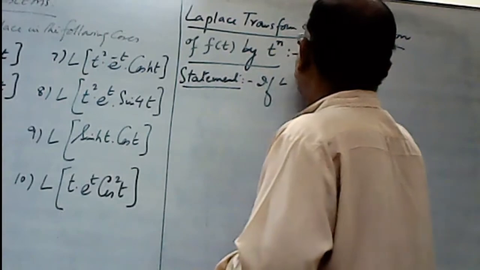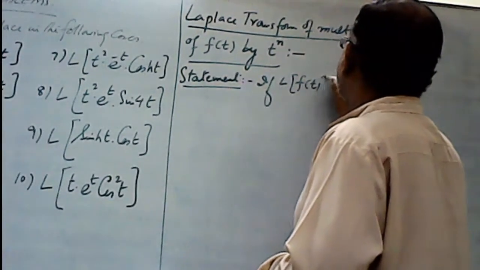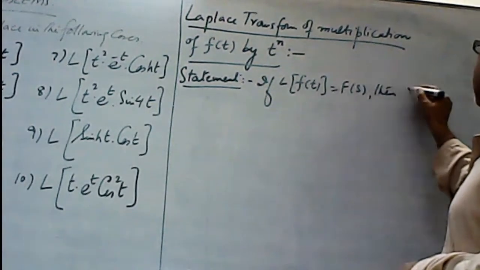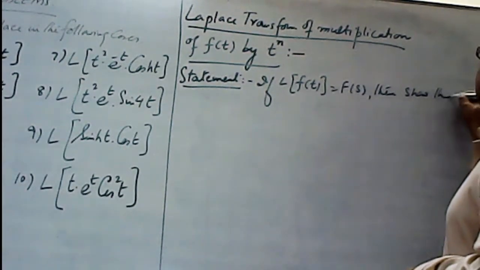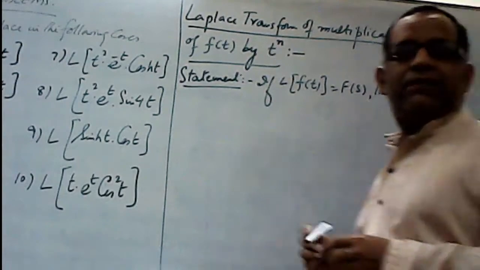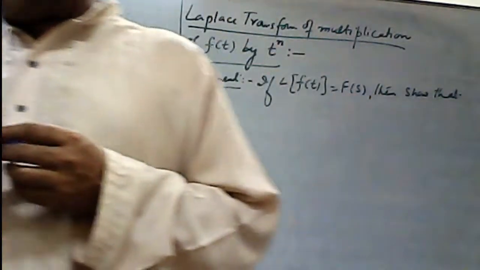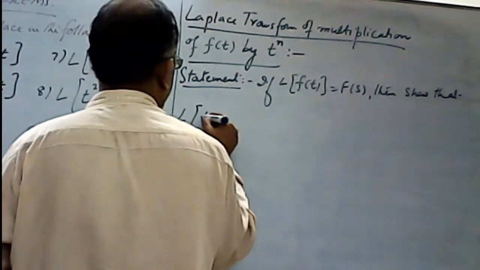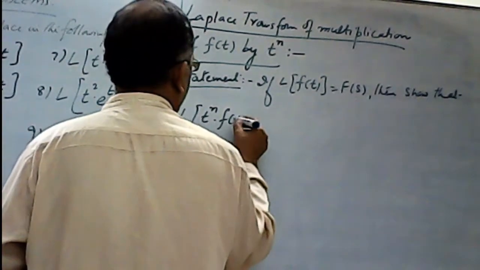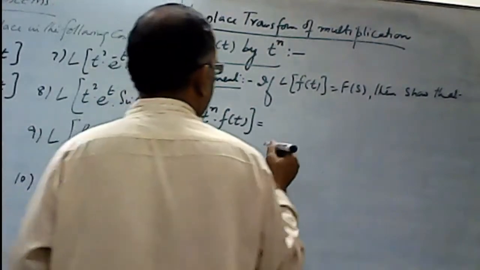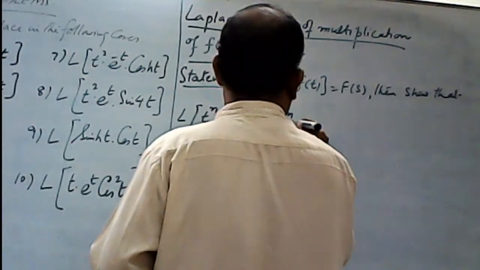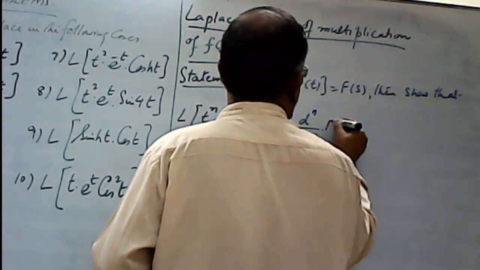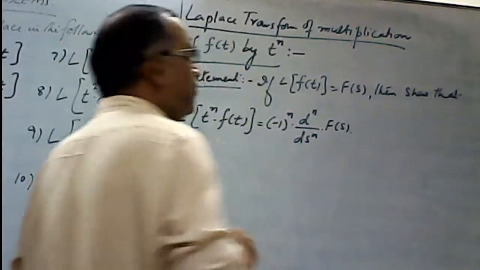If Laplace of f of t is equal to function of s, then show that Laplace of t power n into f of t is equal to minus 1 power n, d^n by ds^n of function of s.